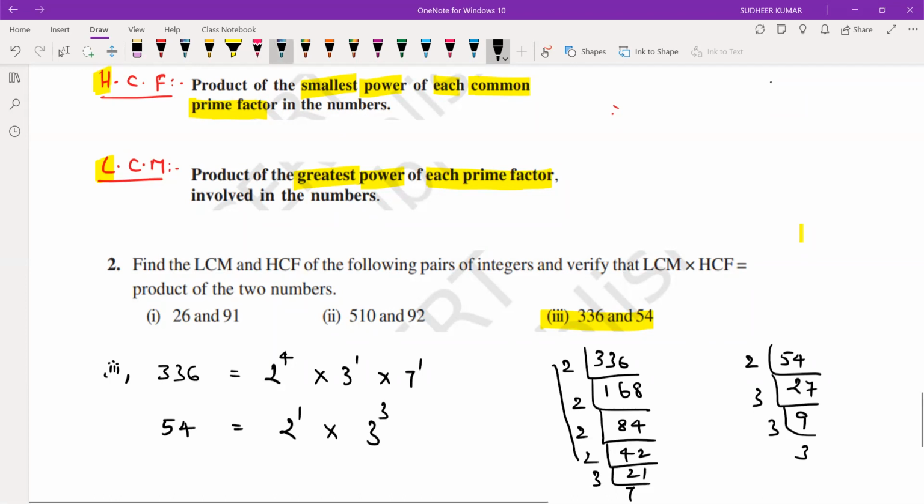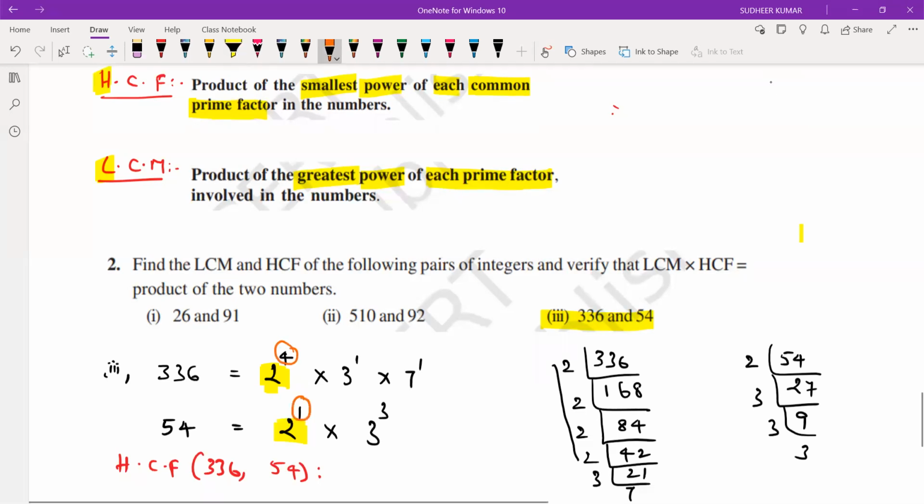Now to get the LCM or HCF, first let us find the HCF of 336 and 54. As per the definition of HCF, it is the product of the smallest powers of each common factor. First we have to find the common bases. 2 is a common base. What is the smallest power out of these two? 1, sir.